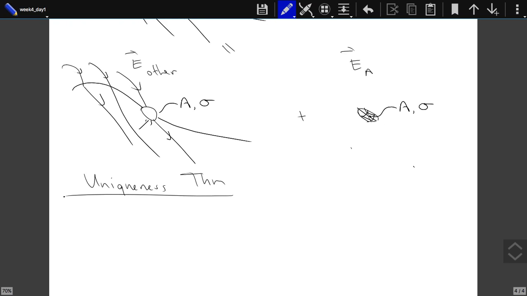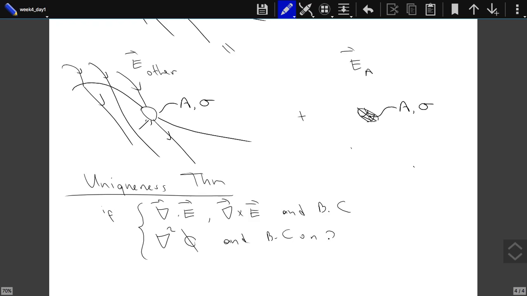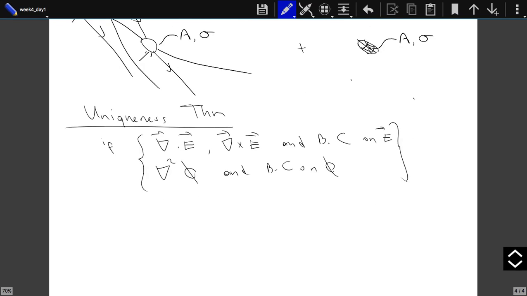The uniqueness theorem basically states that if we know the divergence of the electric field, the curl of the electric field, and boundary conditions, or let's say the Laplacian of the potential and boundary conditions on phi, basically they are equivalent, are known, then E or phi is unique.